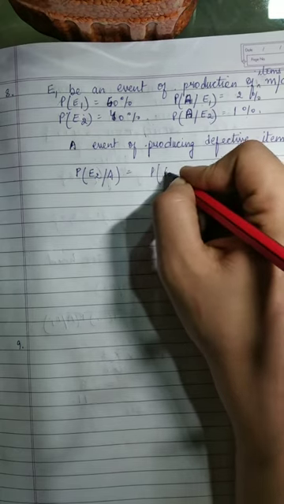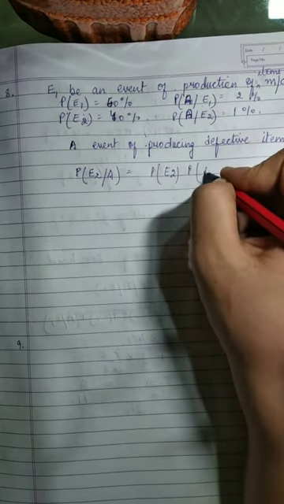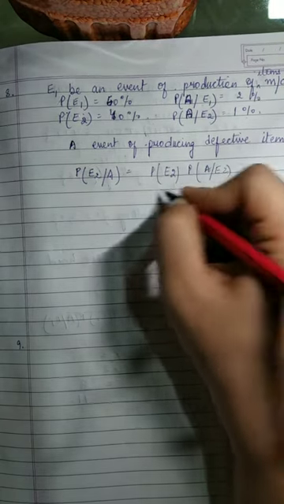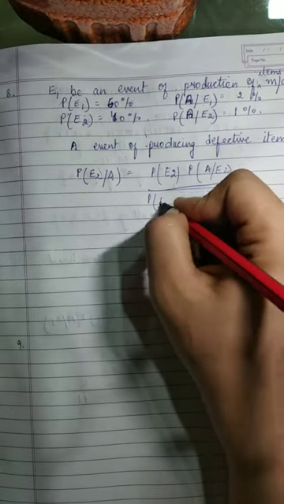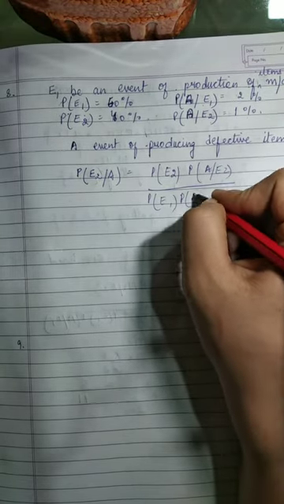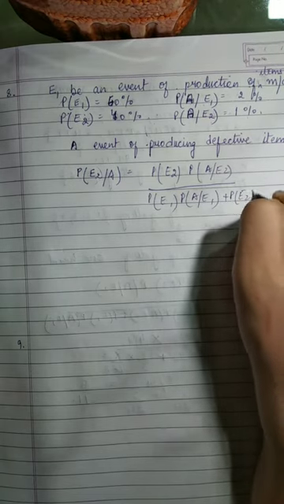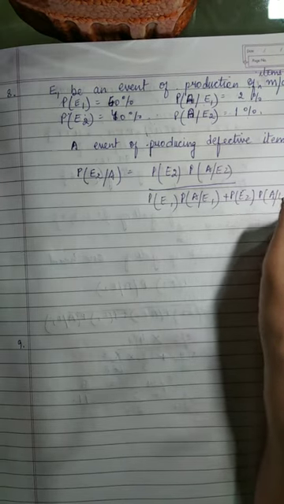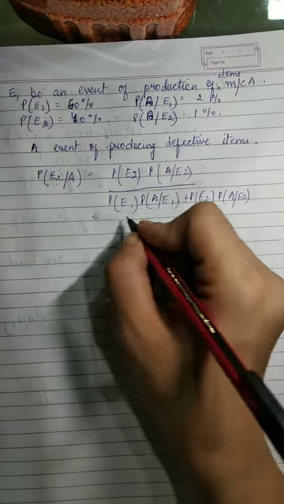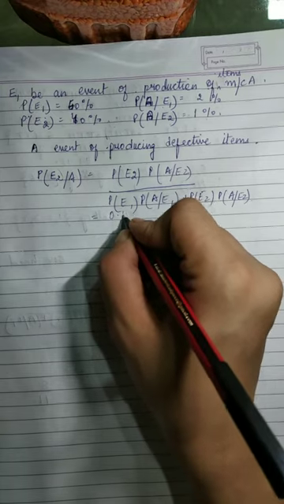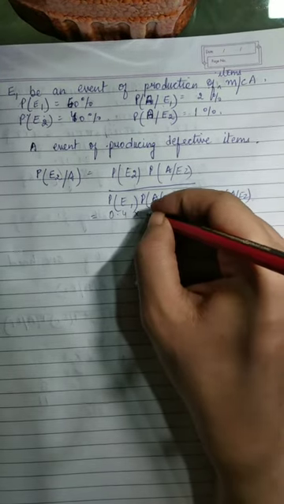Again, the formula would be P(E2) into P(A/E2) upon P(E1) into P(A/E1) plus P(E2) into P(A/E2), right? So this is P(E2), that is 0.4 into P(A/E2).